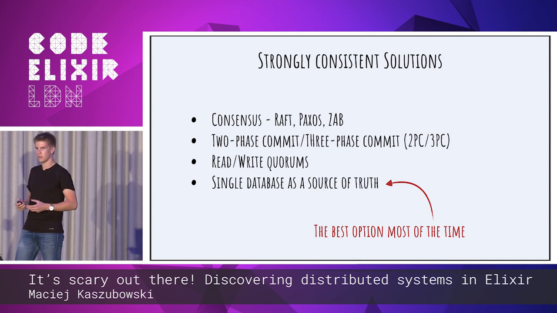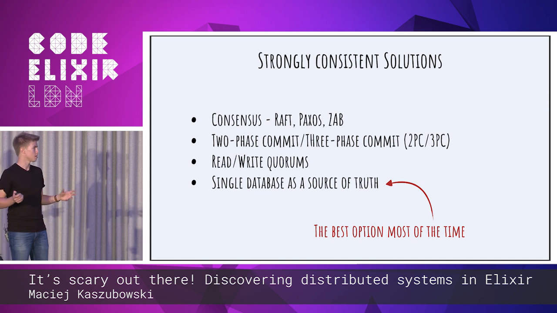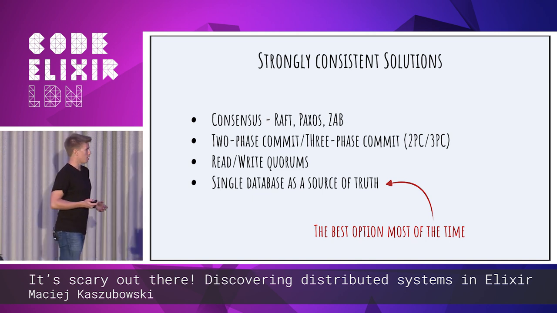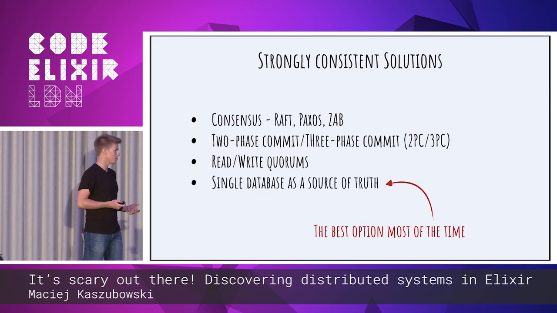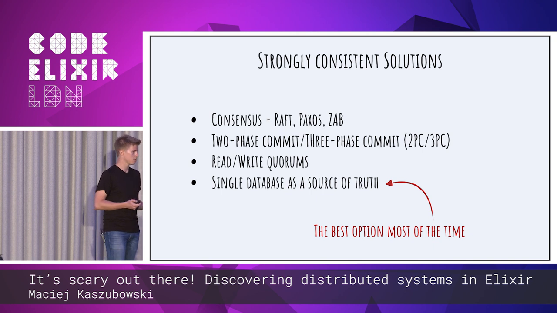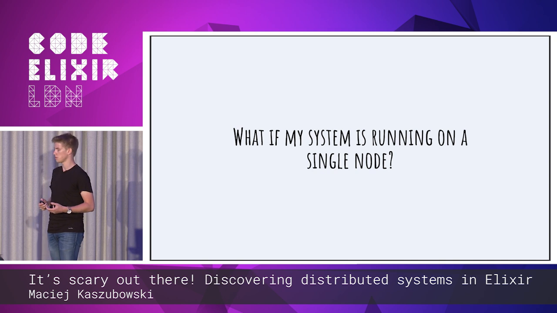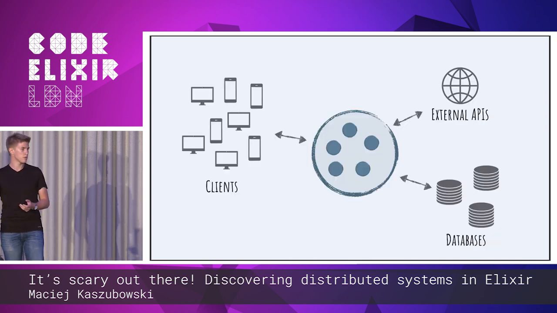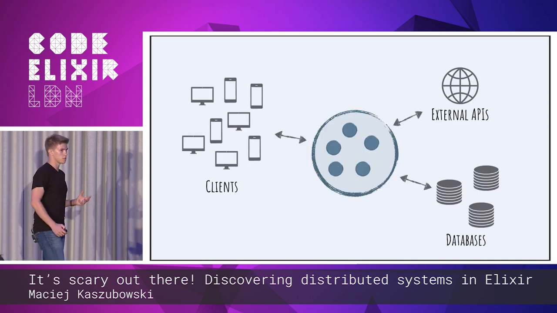So I've been talking a bit about running Erlang in distributed mode and running a cluster of nodes. But the truth is that all the things that I told you are actually also true for a single node, because this is also a distributed system.